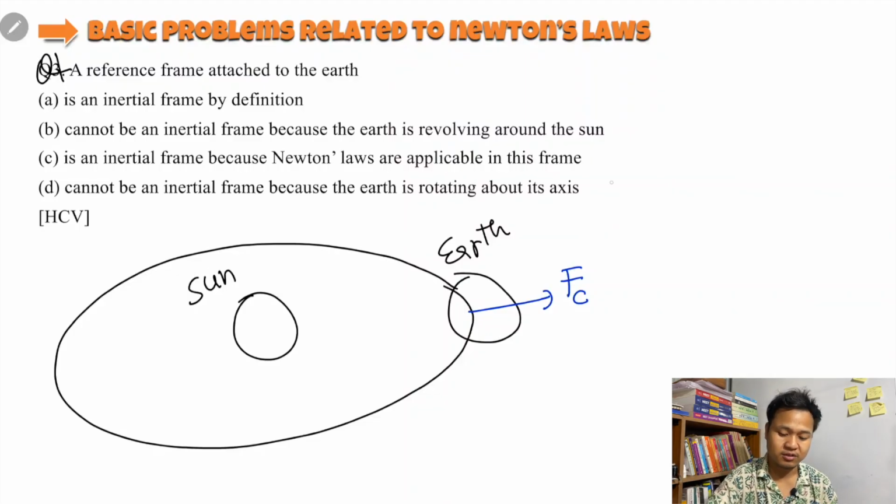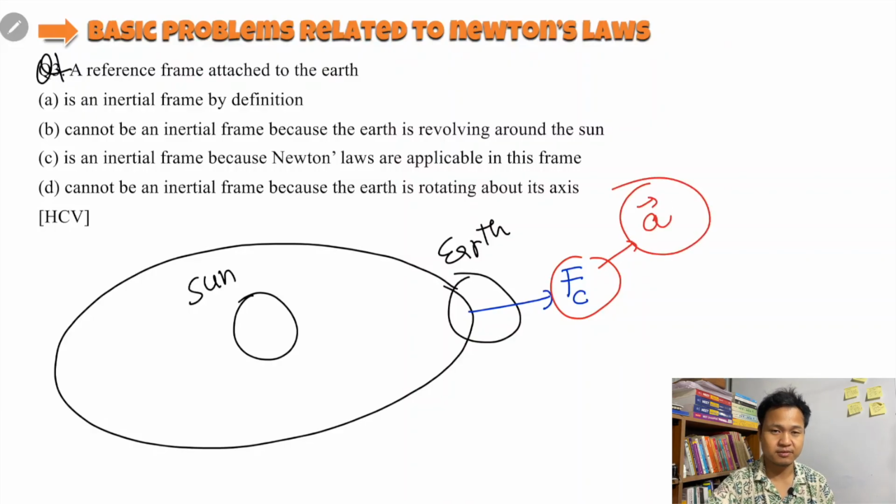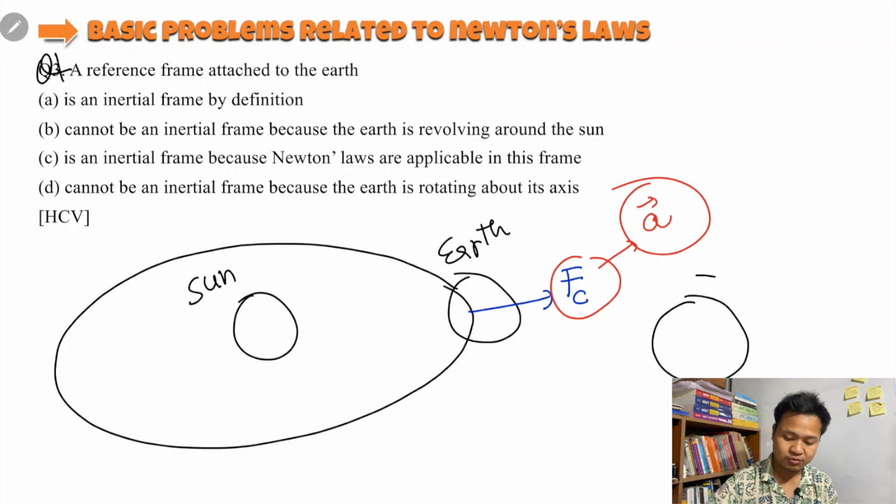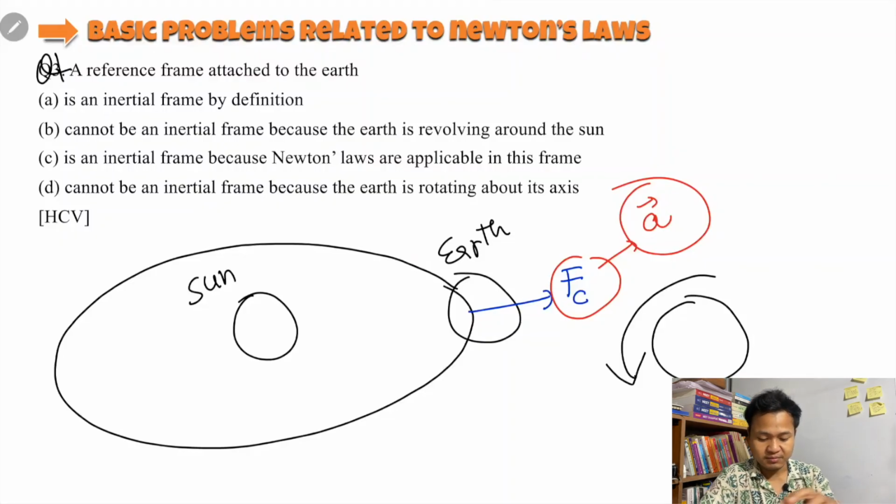If you have a force, force equals ma, that means there is some acceleration. So the earth has some acceleration. The earth is also rotating around its own axis. When the earth is rotating about its own axis, you also have circular motion.